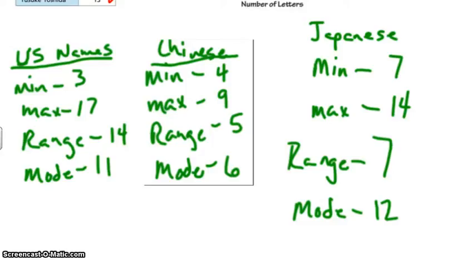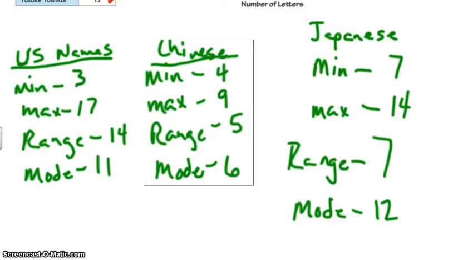They vary a lot. Where Chinese names are more tightly grouped. All 30 of those Chinese names fell within a range of 5. So those are all closely grouped together. So there's not very much variance to the data, and the Japanese kind of fall in between.